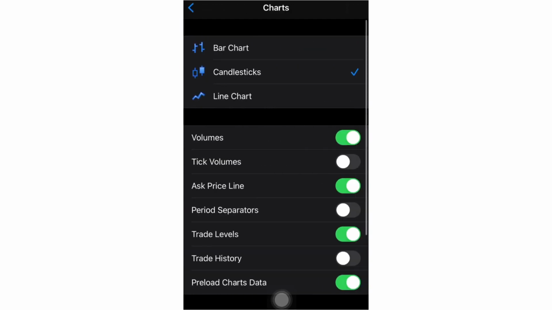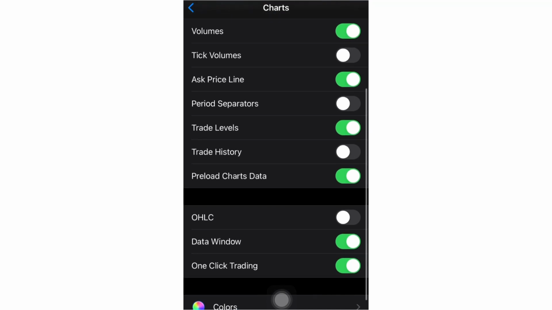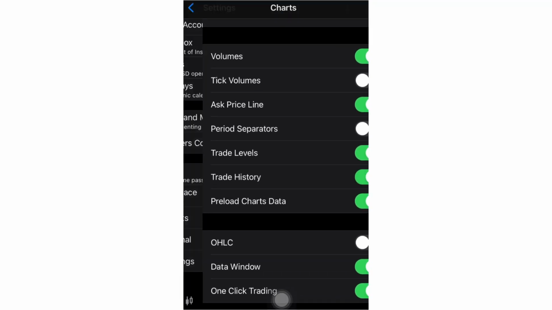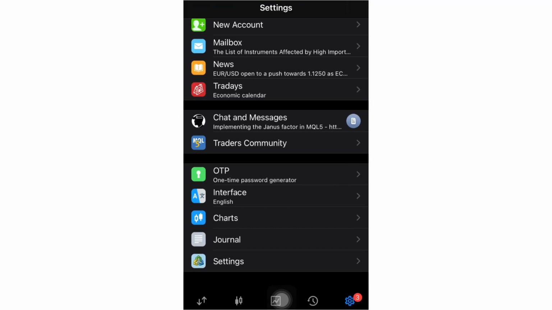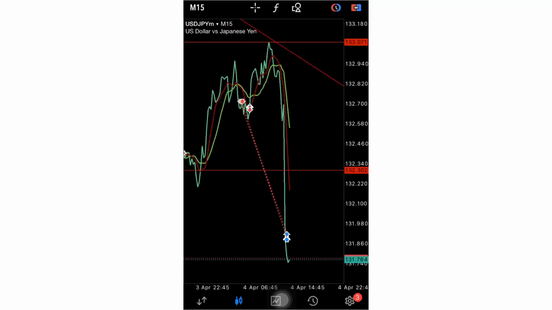I want to set something quickly for this tutorial. Where is this thing? Trade history, okay. Okay, guys. This is USDJPY. I think this is the current trade I took.